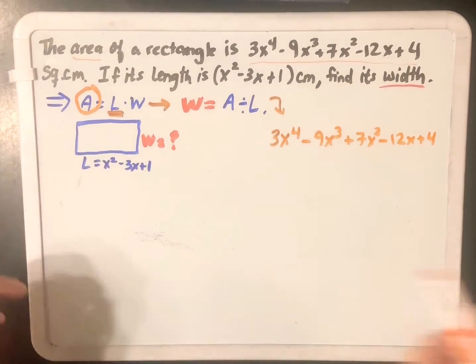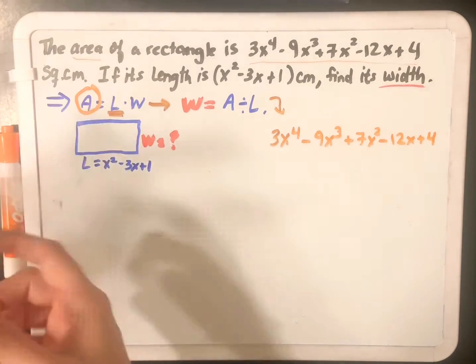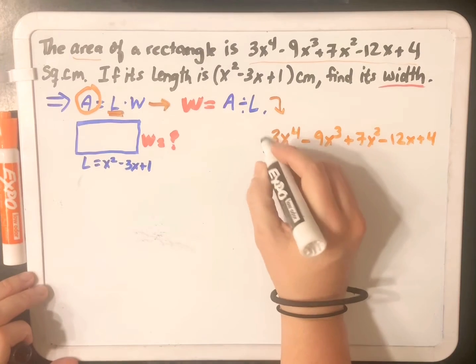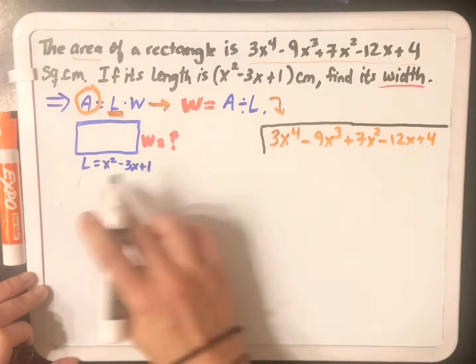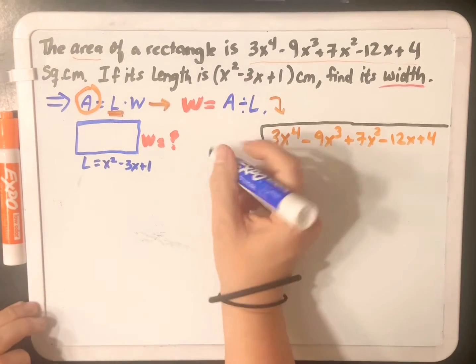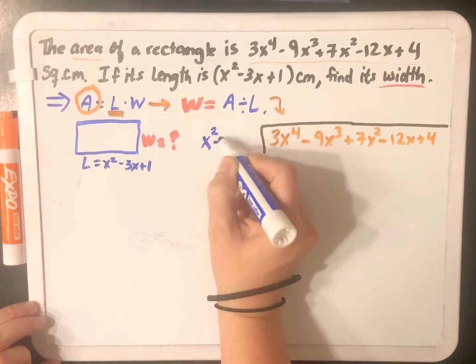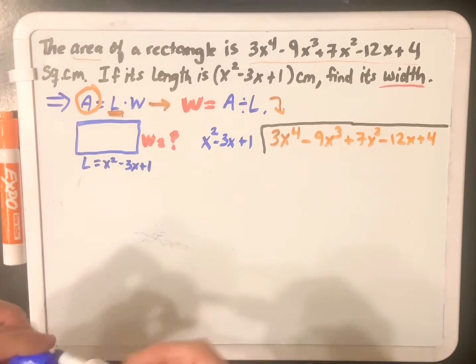And watch me, because I am prone to error like you are when I'm going quickly. If that's the area, I need to divide it by the length, and the length was given to us as x squared minus 3x plus 1.